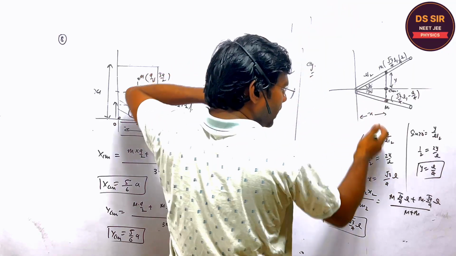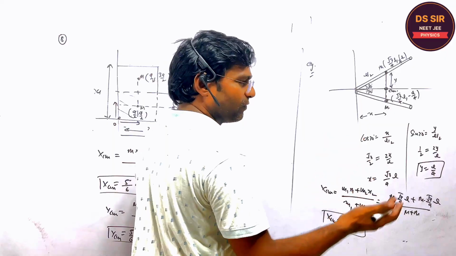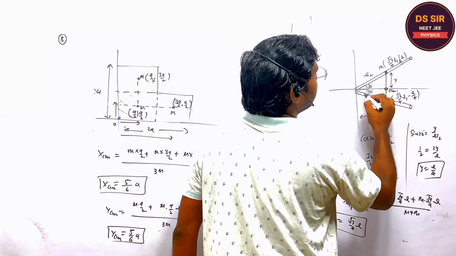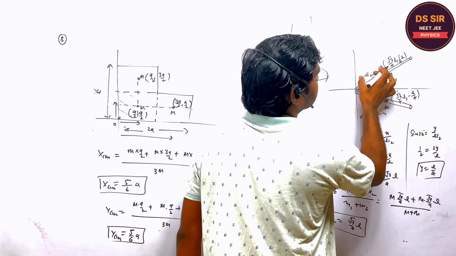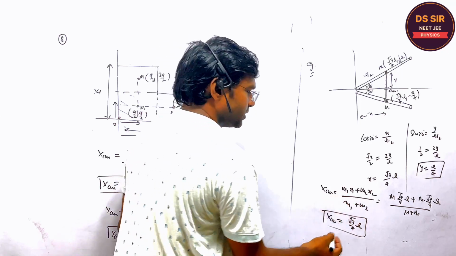Although we are doing this calculation for so long, there was no need to do that. Since this is the first time, that is why I am telling you. Otherwise, by symmetry only, this is my m, so this is the center of mass, at L by root 2. So this distance is the position of the center of mass, right?